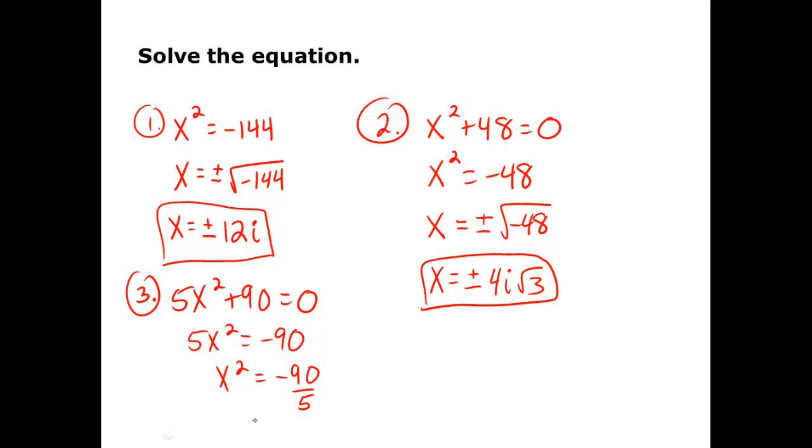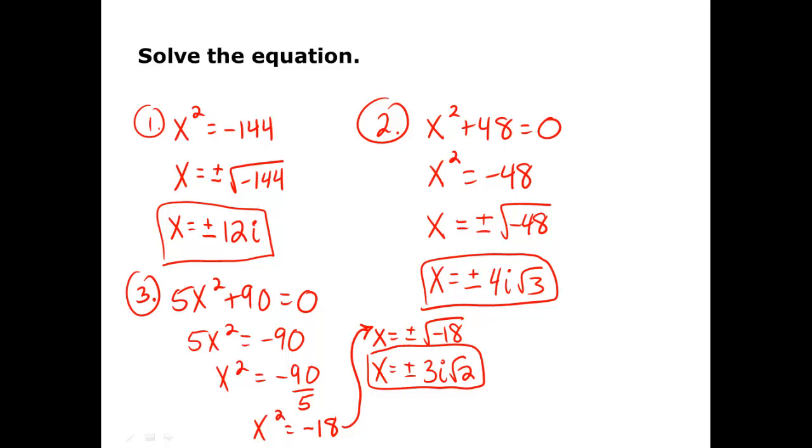Negative 90 over 5 is negative 18. So x equals plus or minus the square root of negative 18, which we simplified earlier, plus or minus 3i root 2.